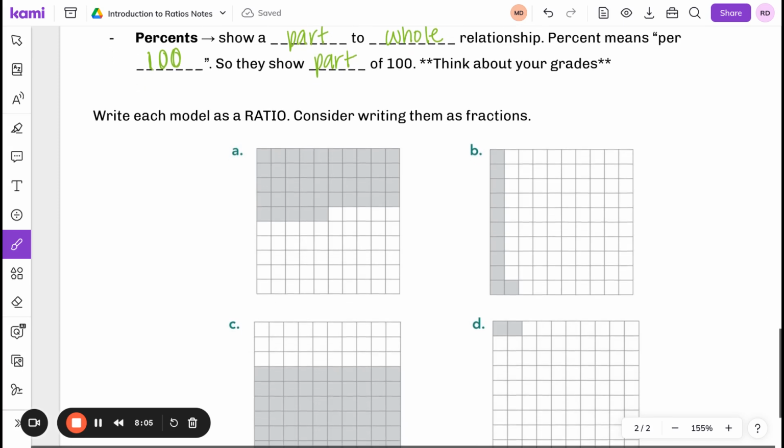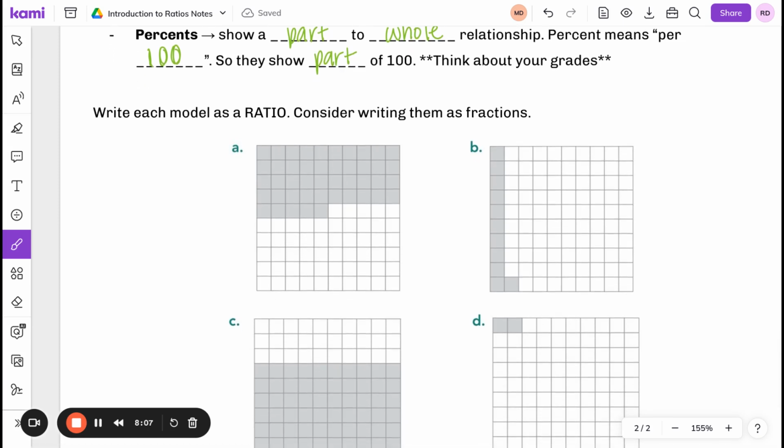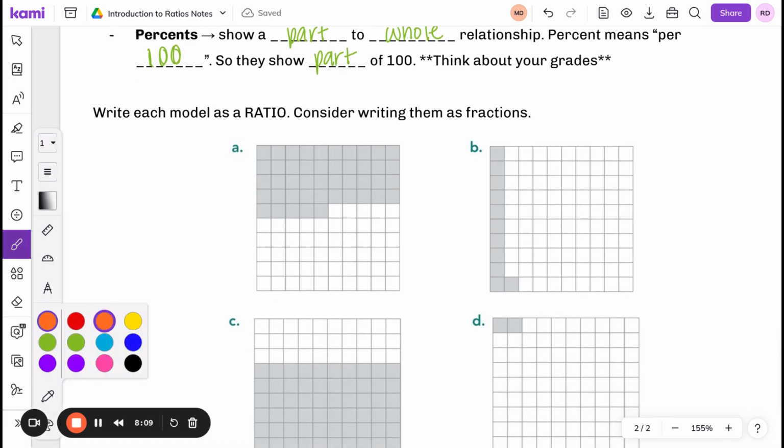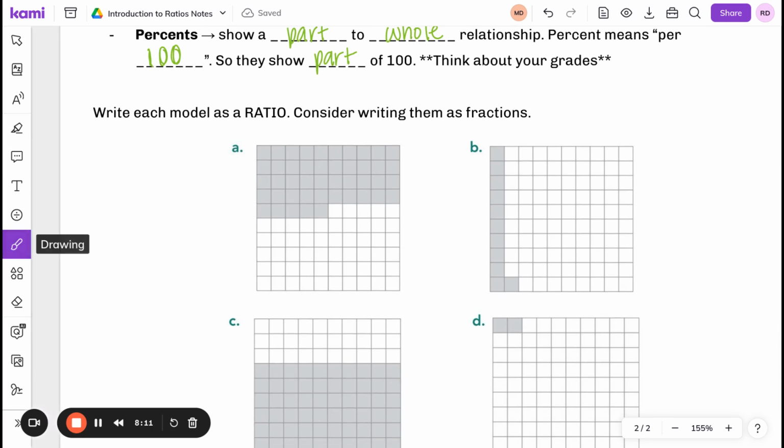Down here, we're going to write each model as a fraction. And we probably are just going to go ahead and write it as a percent too. So for A, 1, 2, 3, 40, 1, 2, 3, 4, 5. So you have 45 out of 100, which is the same as 45%.